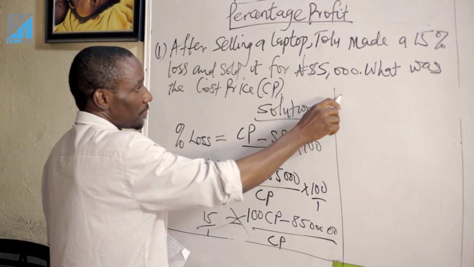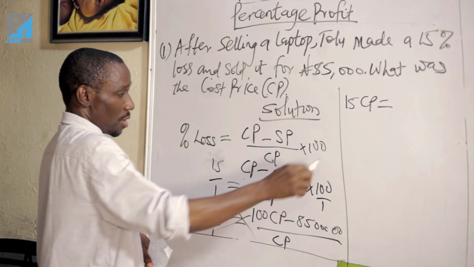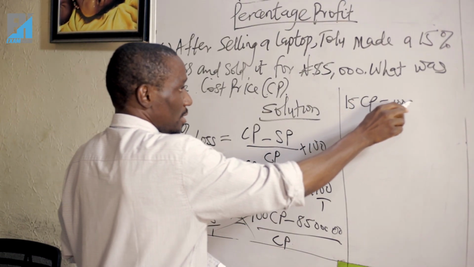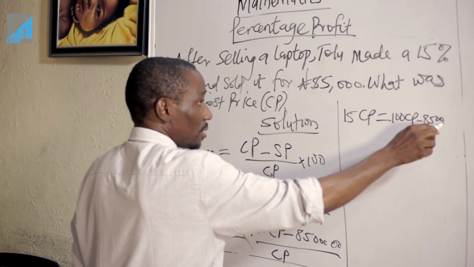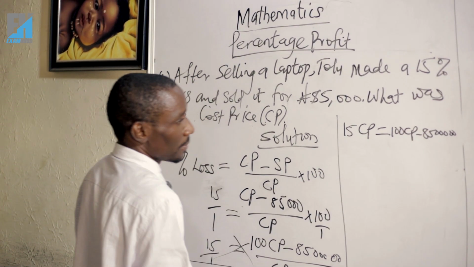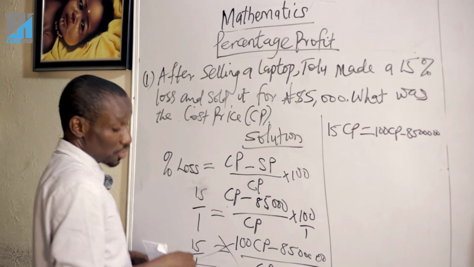CP times 15 gives 15 CP, which is equal to 100 CP minus 8,500,000. Now we are collecting like terms, because we are looking for the cost price.